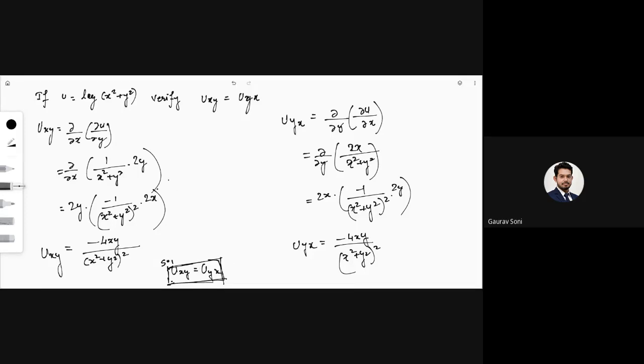So what we mean by composite functions is, I'll just write down one example. Say u is equal to x square plus y square, where x is equal to r cos theta, y is equal to r sin theta.